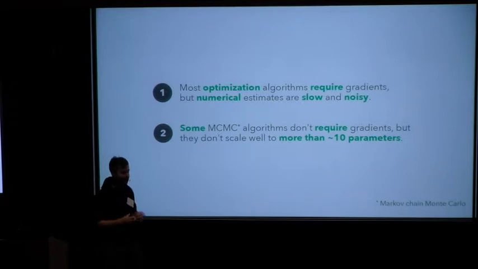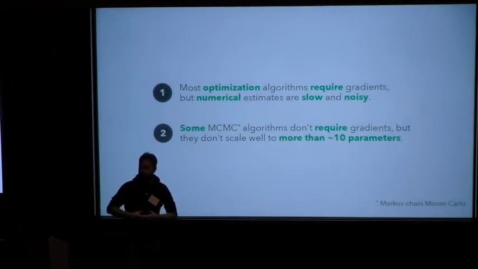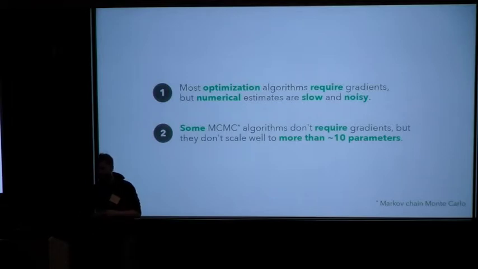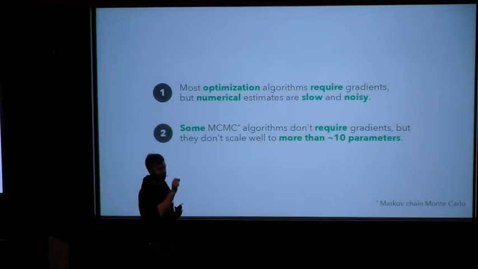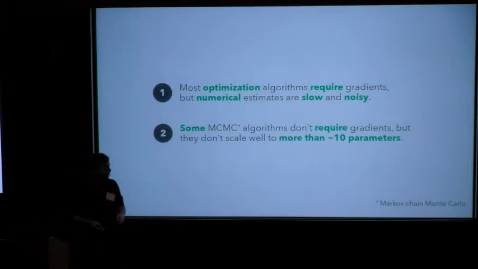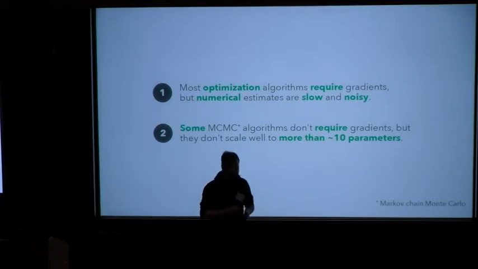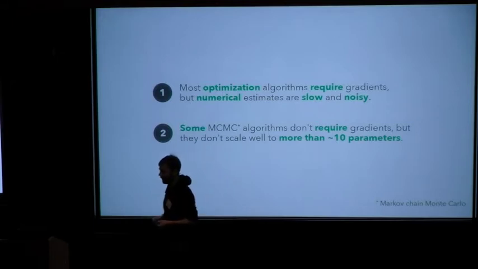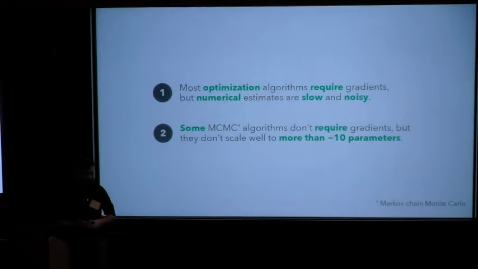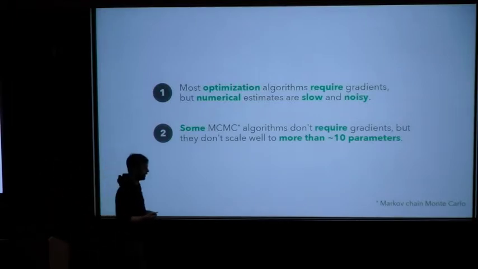I don't know if this is true, but a lot of the time when people optimize their functions in astronomy, they use numerical estimates of what those derivatives are because it's easier to take tiny steps and estimate the derivative numerically. But that's actually very slow and noisy. So even if you do that, you're evaluating your function more times than you might expect, because each step is actually not a very good step. And so if you can find a way to get the analytic derivatives, then you'll get much better performance and greatly reduce the number of steps you have to do.